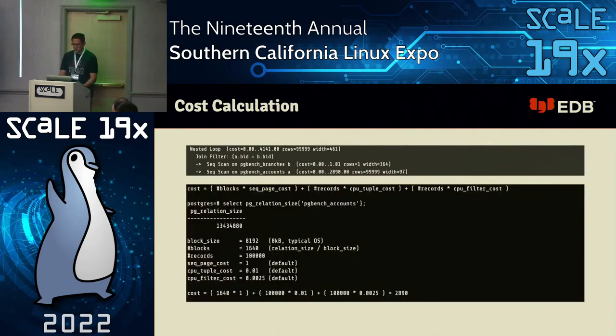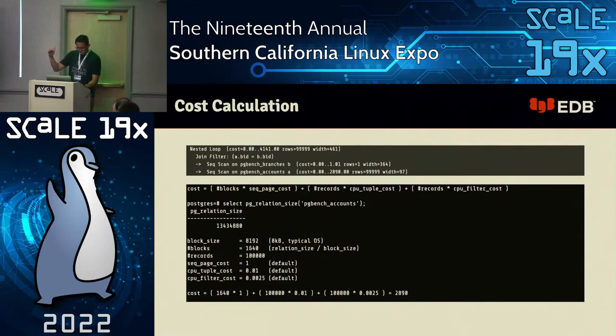It does that through this formula. The cost is the number of blocks times seq_page_cost, which is found in your conf file, plus the number of records times cpu_tuple_cost, which is also found in the conf file, plus records times cpu_operator_cost, which is found in the conf file as well.